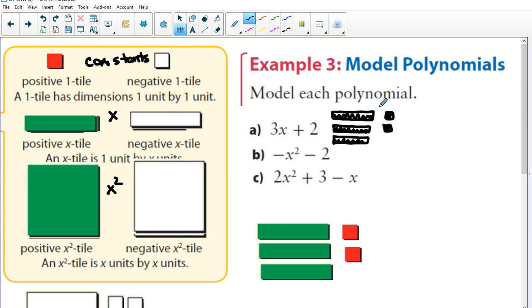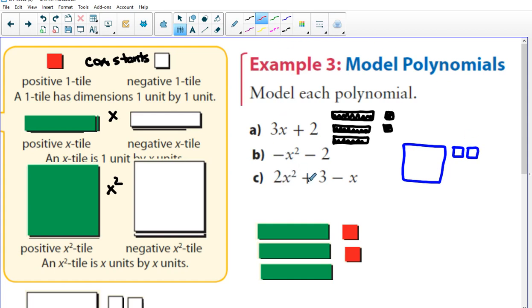So that represents 3x plus 2. B. B is negative x squared minus 2. So negative x squared, the x squared is the larger square tile and unshaded. Minus 2, I'm going to draw 2 unshaded square tiles. Negative x squared minus 2.